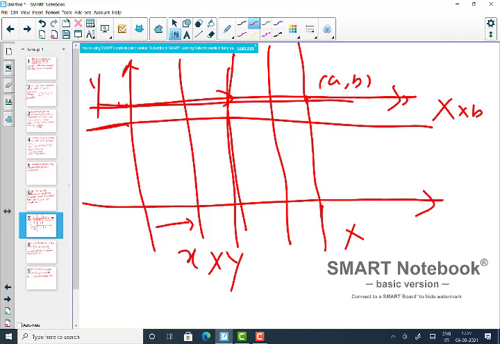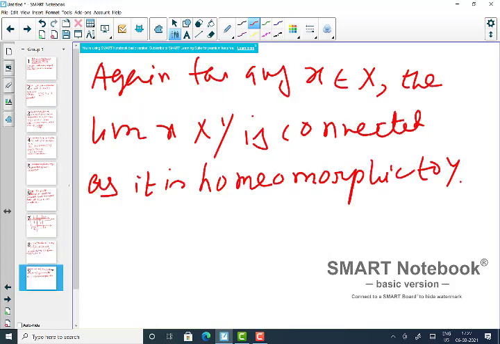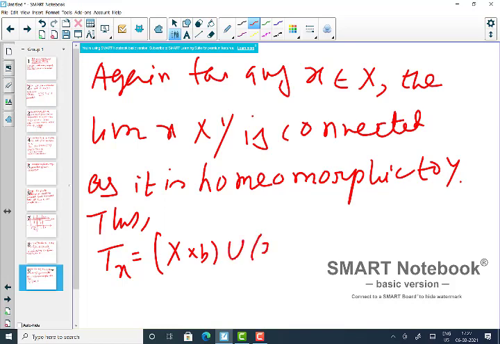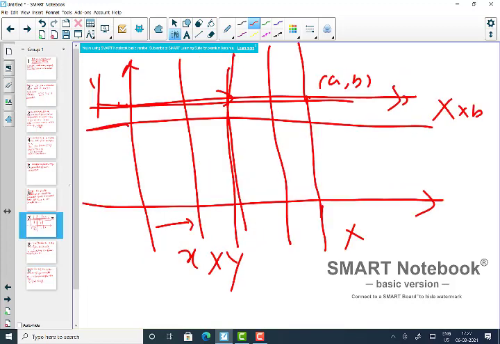Is the plus sign connected or not? You take these plus signs as T_x, which depends on x. This is the first line X cross b union the second line, small x cross Y. X can be anything.